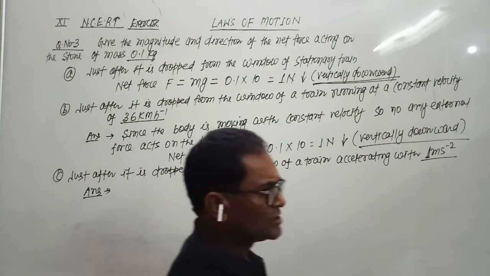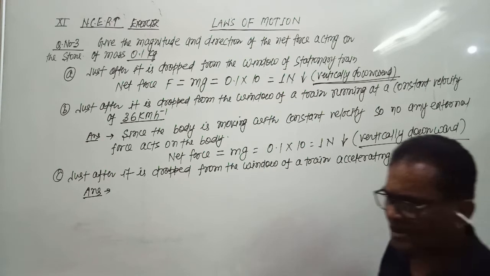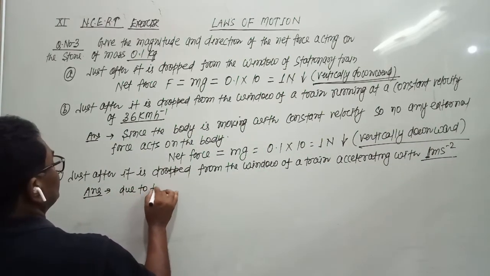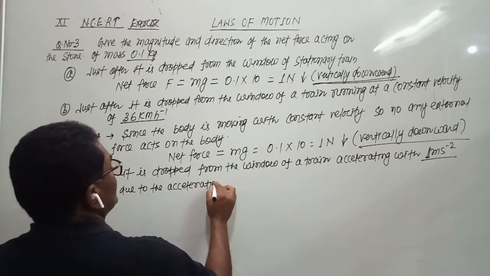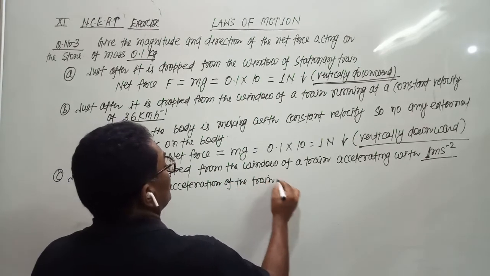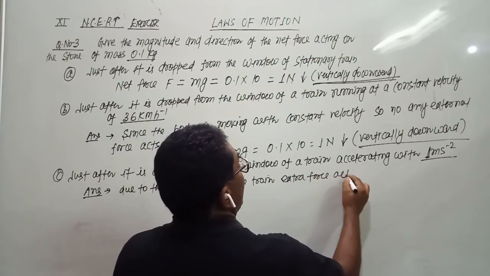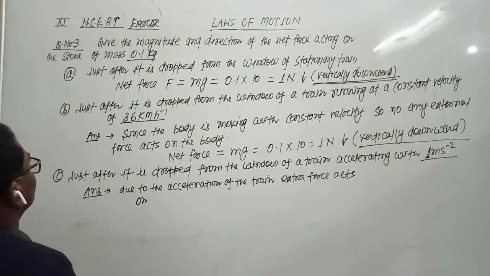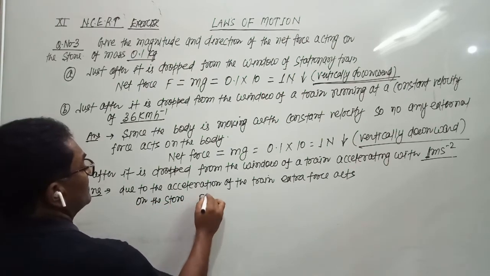So an extra force acts on the stone due to the acceleration of the train. Name it F dash.